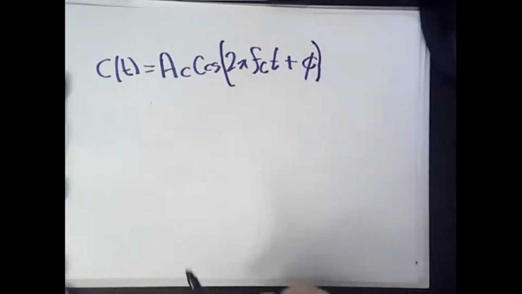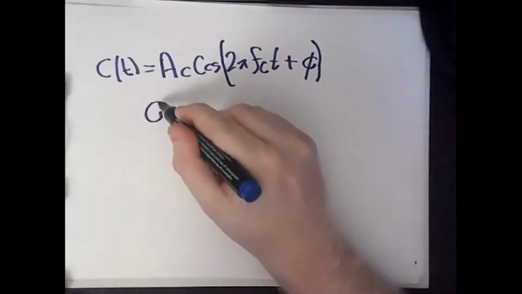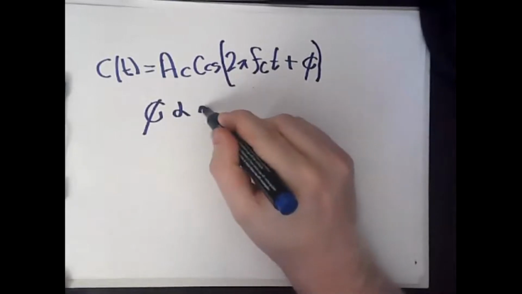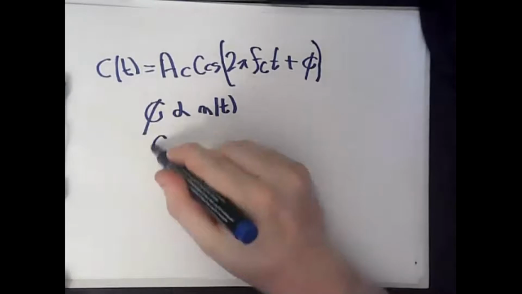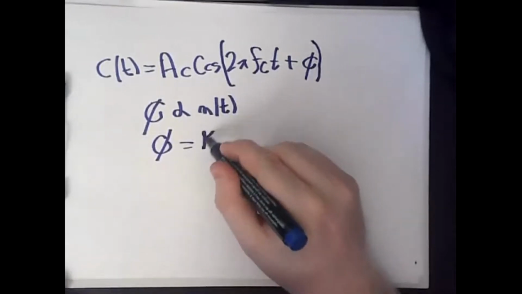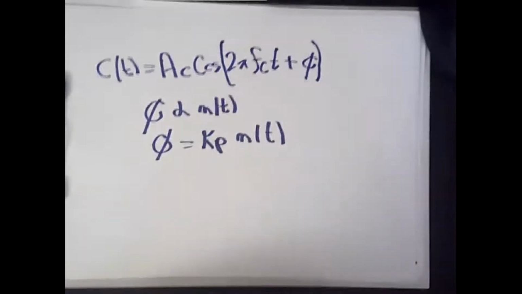In order to integrate your message as a part of the phase, you say that phi is proportional to m(t). And to remove this proportionality, phi equals kp m(t), where kp is the phase modulation index.